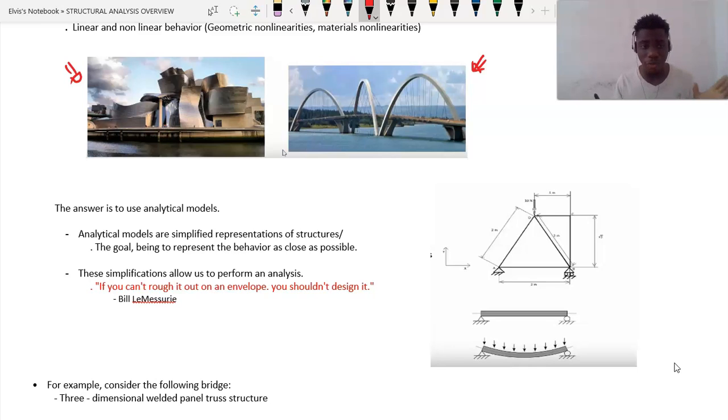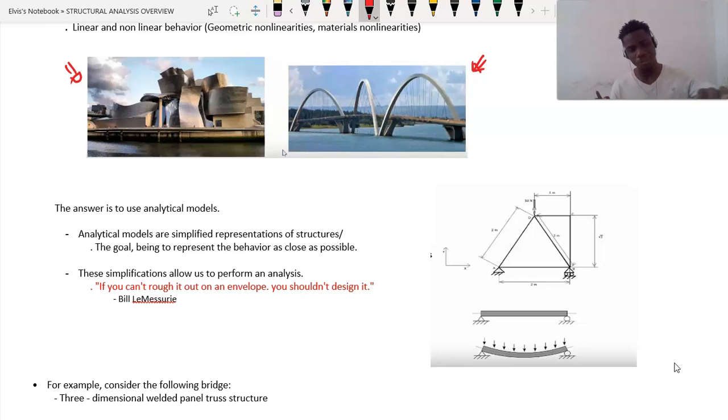I don't know if I pronounced that right, but anyway, we are going to continue. That is to say, if you can't represent a structure using an analytical model, then there is no point designing it. So we civil engineers always represent structures using analytical models.